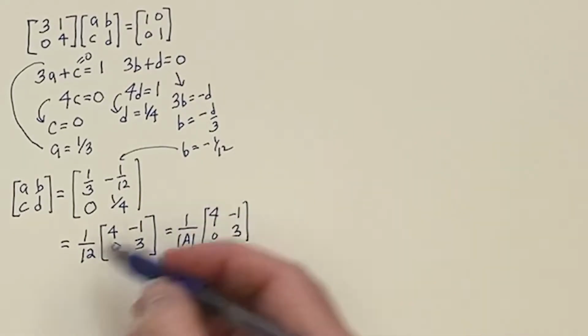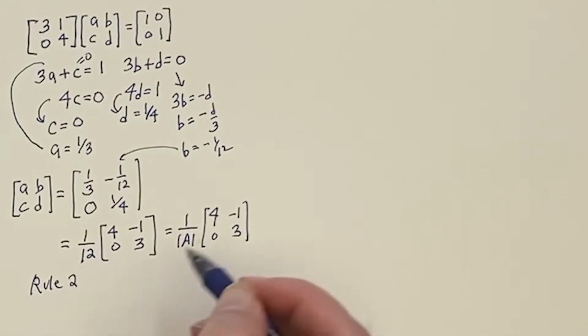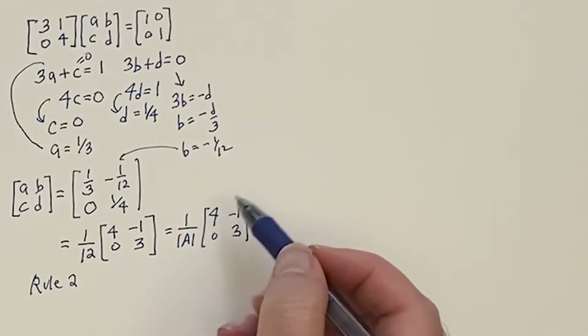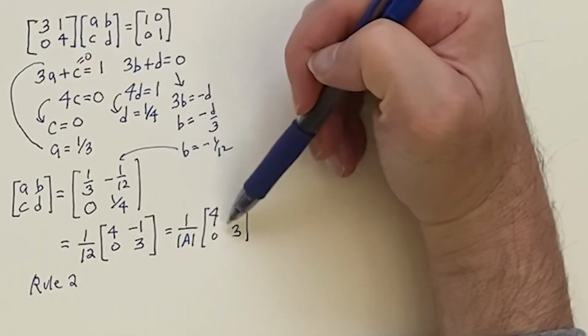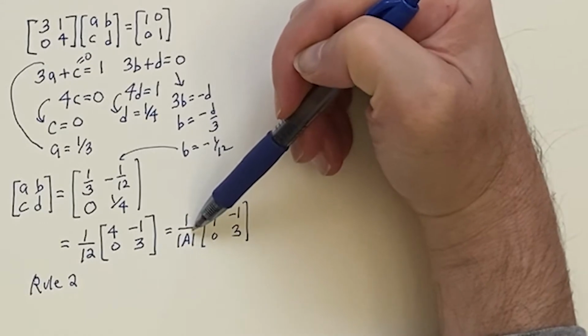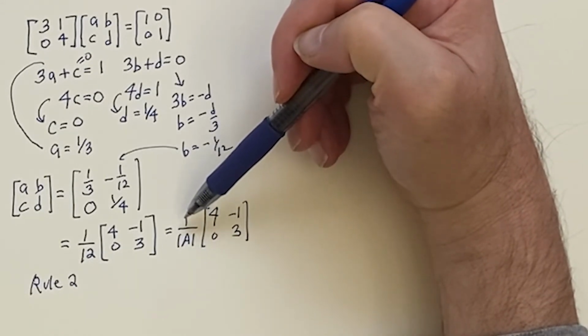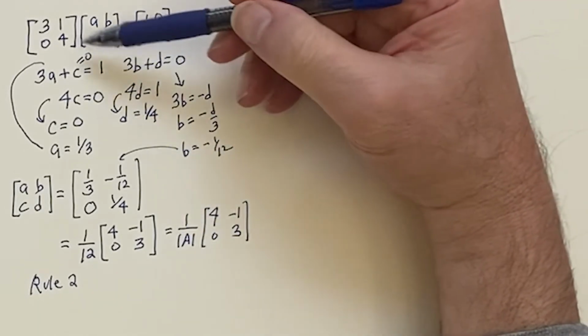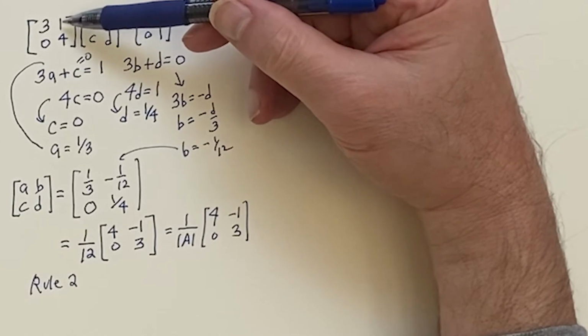Now we're going to come up with the rule 2. Notice that rule 1 still applied. Rule 1 was to swap the diagonal components, so 3 and 4 got swapped. And we also divide by the determinant, and that was the rule 1. Rule 2 is to put a minus sign in front of off-diagonal components.